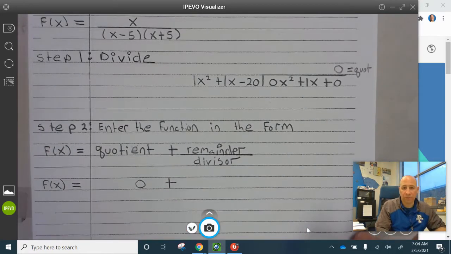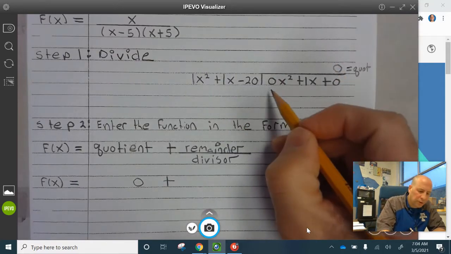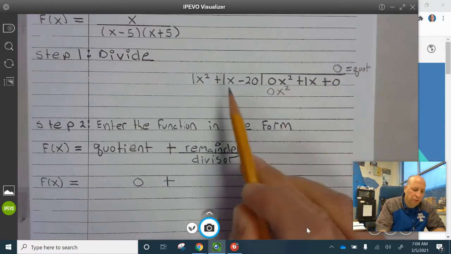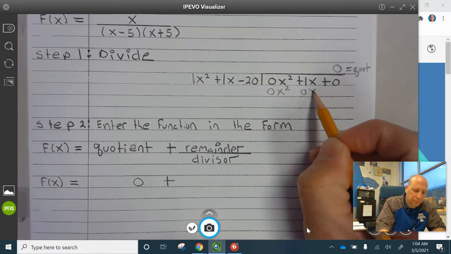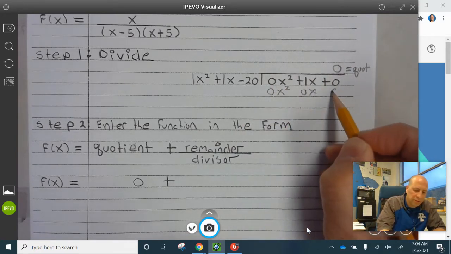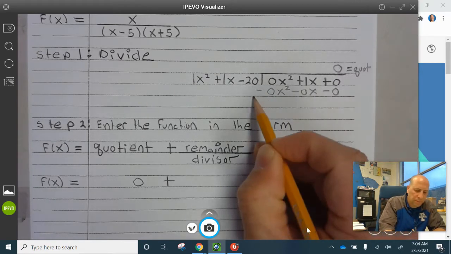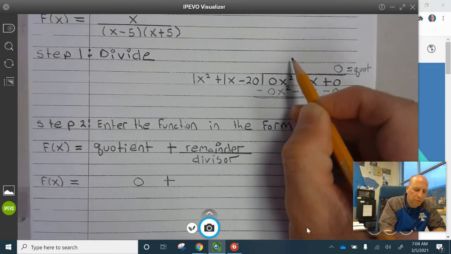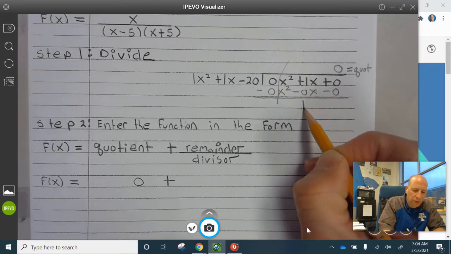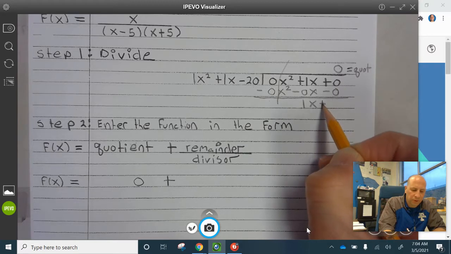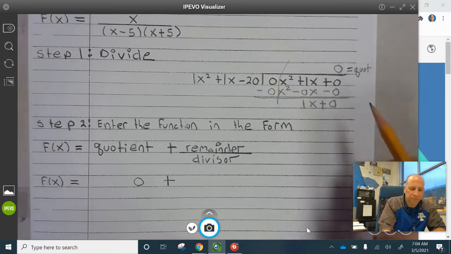Now we need to find the remainder. So 0 times x squared is 0x squared. 0 times 1x is 0x. 0 times negative 20 is 0. And we subtract. Well, that's just 0. 1x minus 0 is 1x, and really just plus 0.